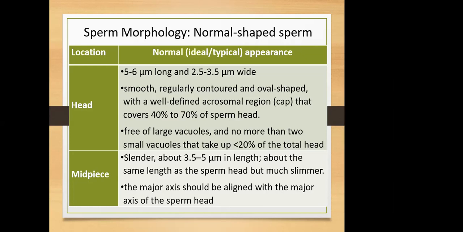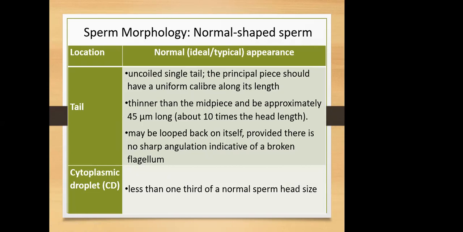All right, so that the major axis of the head is fitting exactly with the major axis of the midpiece, so that it's not misshaped. If the neck is not aligning with the head, then there's a problem. This order is saying, once you have all these things, then you are dealing with a normal, typical sperm. I hope the point is clear. So then you go to the tail.